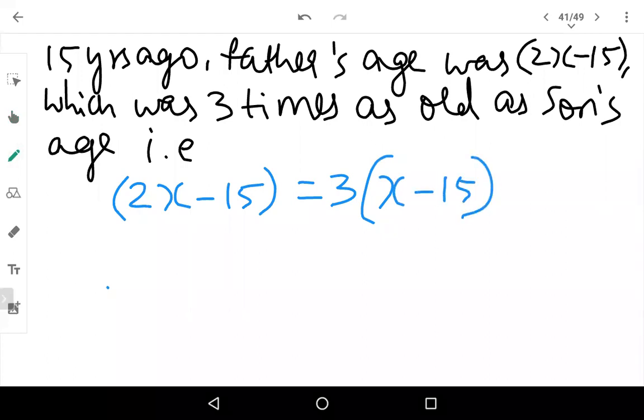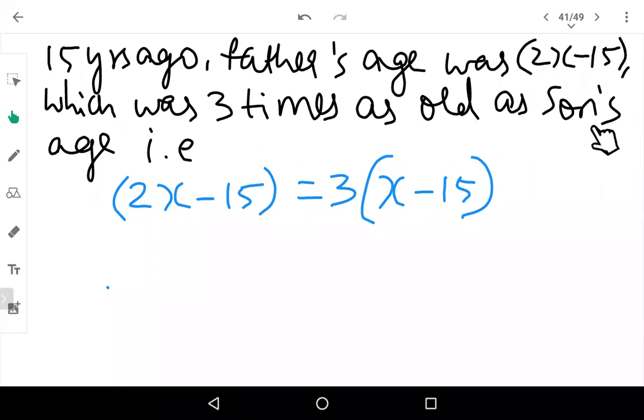I will explain this again. Listen carefully. 15 years ago, the son's age was x minus 15. Correct? Father's age, in the question it says, was 3 times as old as his son.